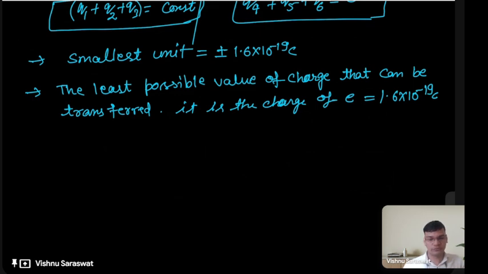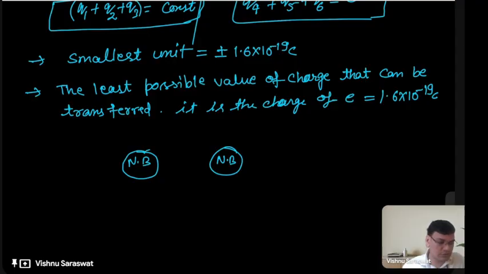So suppose we have one neutral body and another neutral body. We can transfer the charge from this body to here.